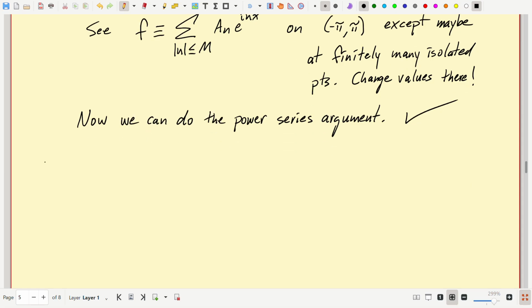Let's see, so you might remember I like to do Fejér's, and I showed Fejér's implied Parseval's, and that implied uniqueness of Fourier coefficients.